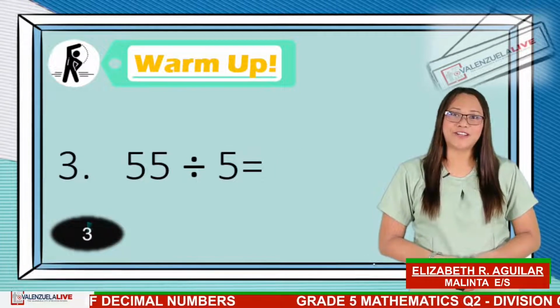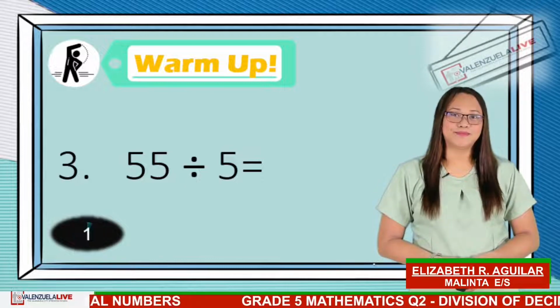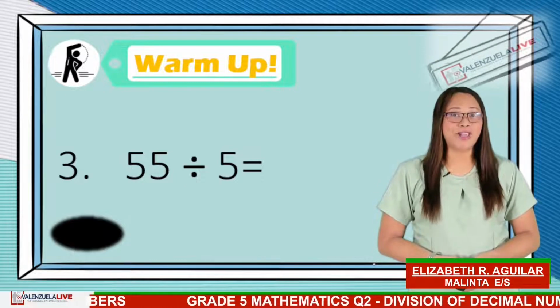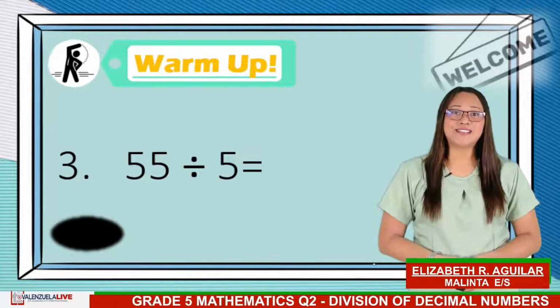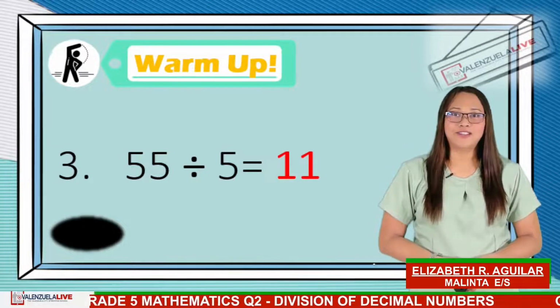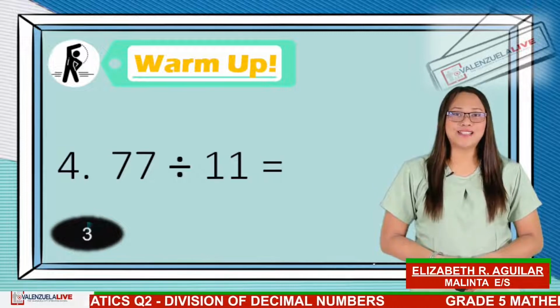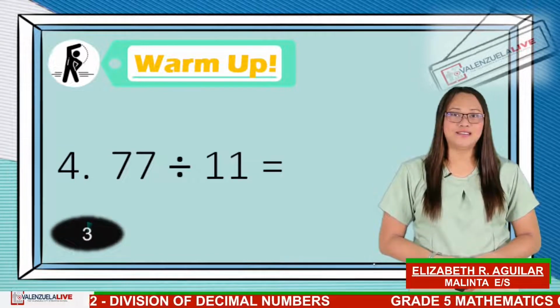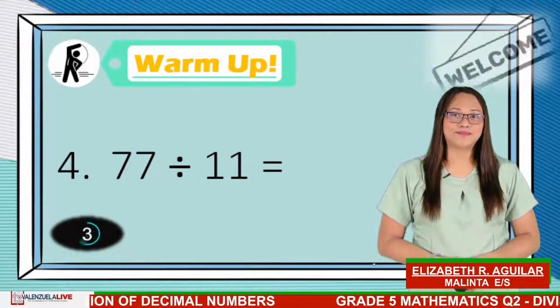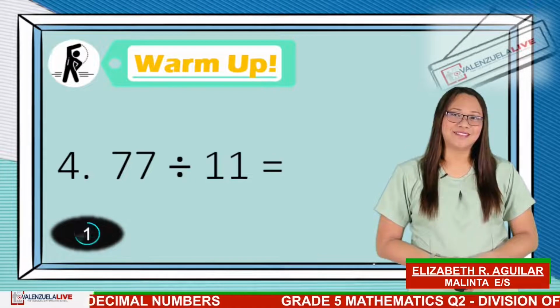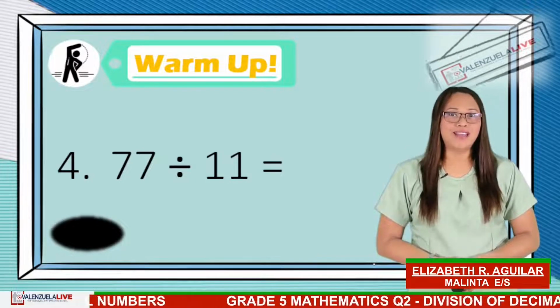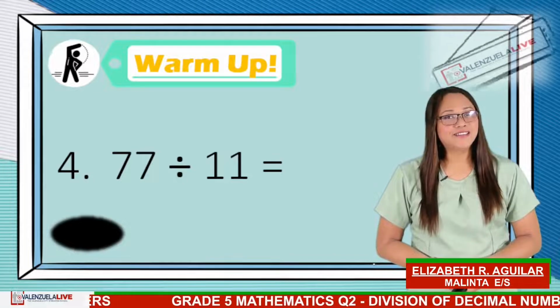What's your answer? Okay, so the correct answer is 11. Very good, mathletes. And for number 4, 77 divided by 11. Okay, what's your answer?